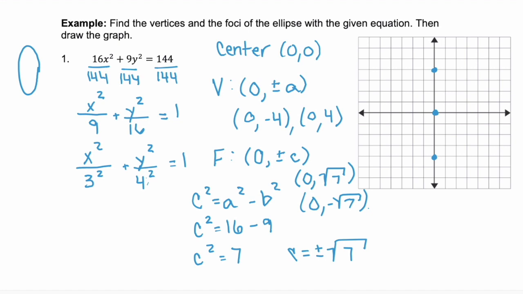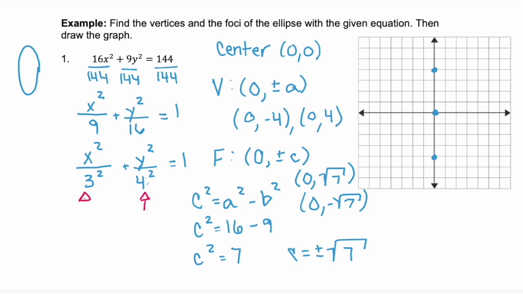Okay, technically we can graph this ellipse with what we have, but I like to also throw in those x-intercepts, because the x-intercepts help me do a little bit better of a job graphing, and we all know that I can't even draw a circle. So your x-intercepts, well, your vertices were your y-intercepts here, and those were found from this value that's below the y squared.